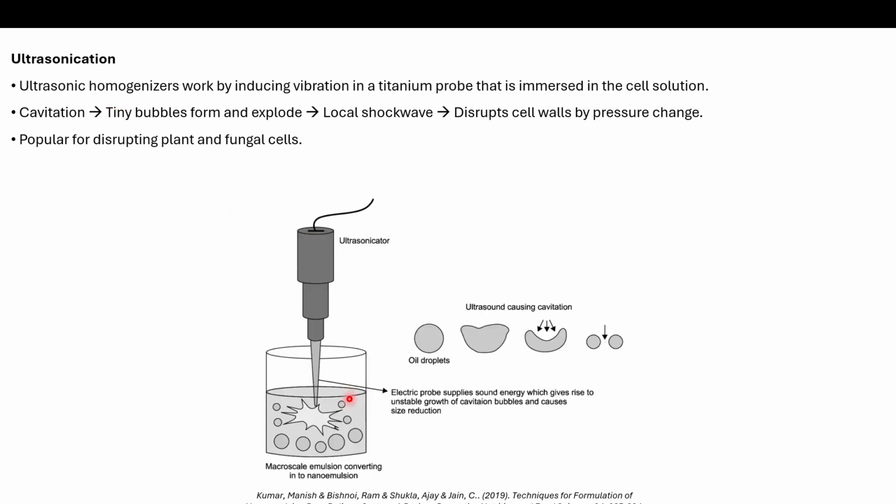So see, this is the probe. Okay, this is the probe. This is your cell suspension here. And what happens is, suppose this is the electric probe, it supplies sound energy, which gives rise to unstable growth of the cavitation bubbles that we were talking about, and causes size reduction. Suppose this is there. Okay, then ultrasound causes cavitation. Then this is again further broken into smaller droplets.